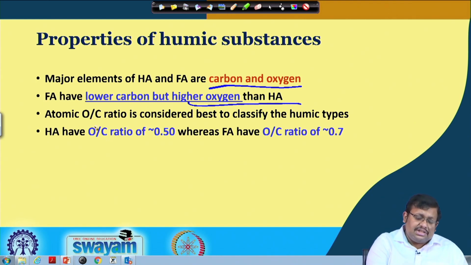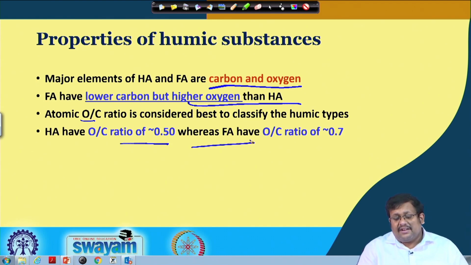Among the atomic ratios, the O by C ratio, or OC ratio, is considered the base to classify different humic types. In humic acid, this OC ratio is around 0.50. However, in fulvic acid, the OC ratio is more, around 0.7, because the oxygen content is more in fulvic acid, whereas carbon content is less compared to humic acid. So, depending on this OC ratio, we can differentiate humic acid from fulvic acid.